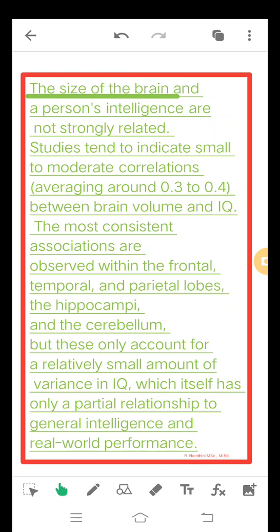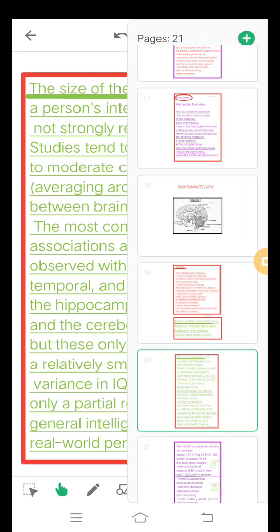The most consistent associations are observed with the frontal, temporal and parietal lobes, the hippocampi and the cerebellum. But these only account for a relatively small amount of variance in IQ, which itself has only a partial relationship to general intelligence and real world performance.